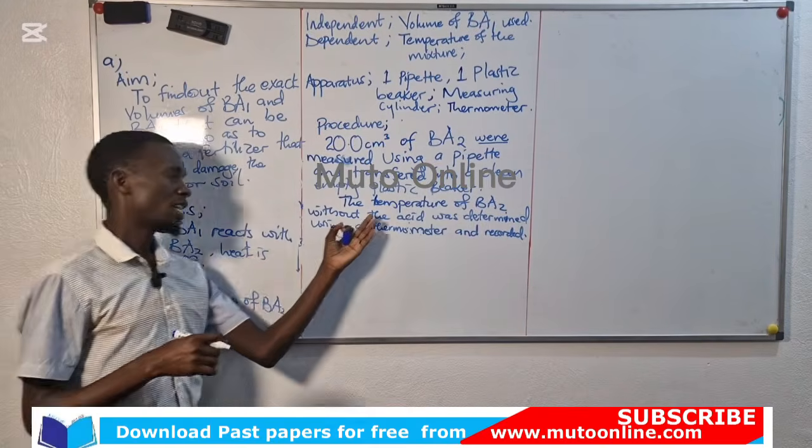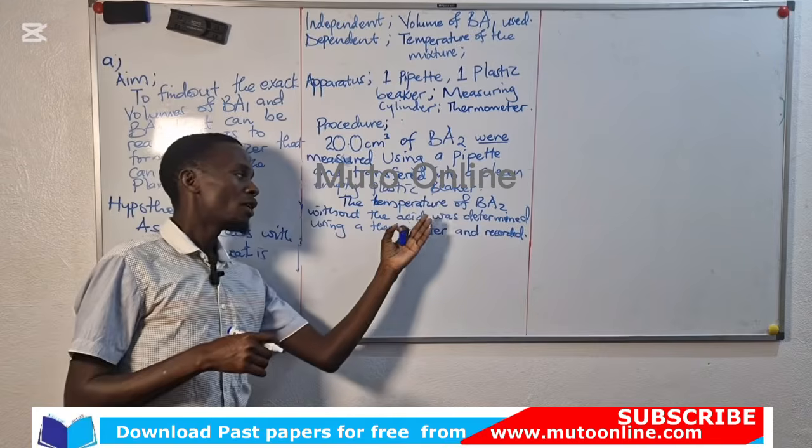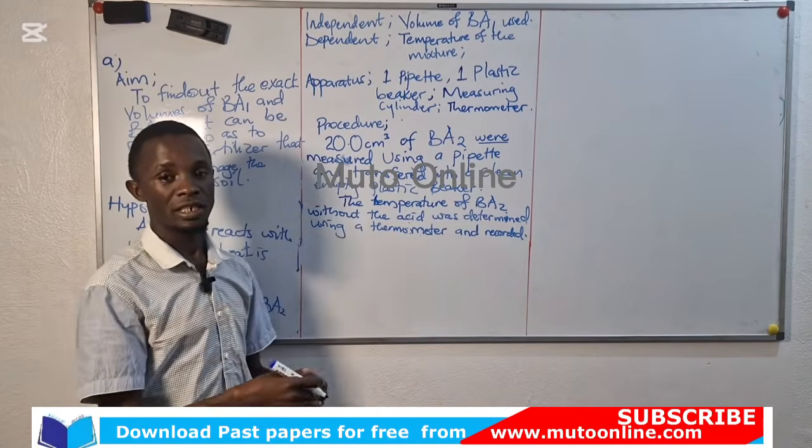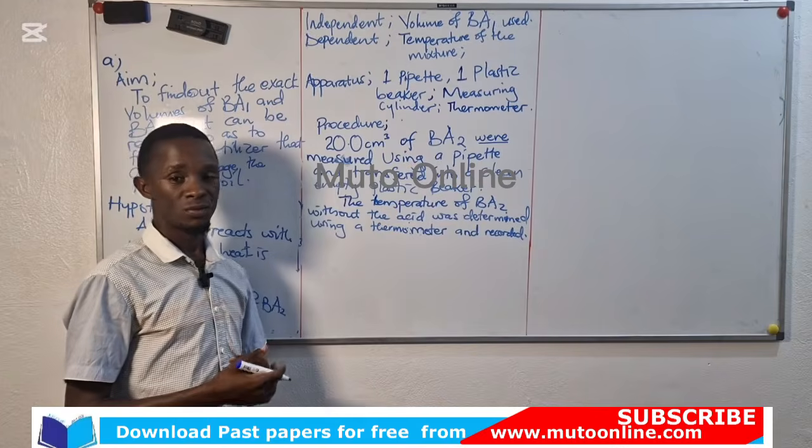So this is now the temperature reading when 0.0 cubic centimeters of the acid is added to BA2.